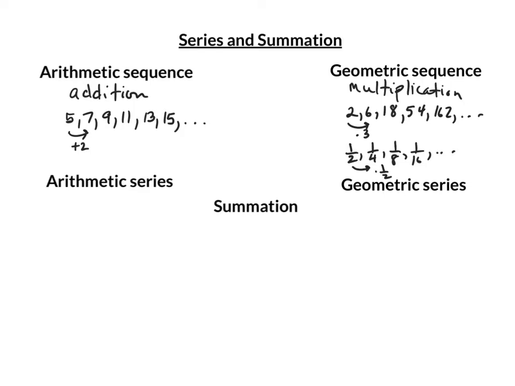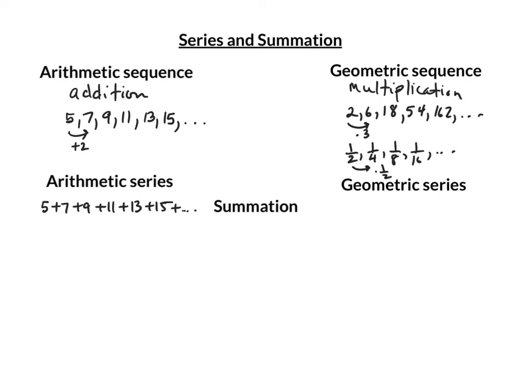Now, what makes a series different than a sequence is that a series refers to adding those numbers. So in an arithmetic series, it would be 5 plus 7 plus 9 plus 11 plus 13 plus 15. We may add the first 20 terms or the first 25 terms.